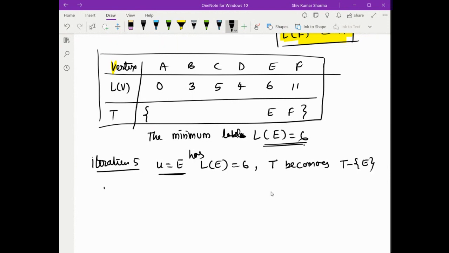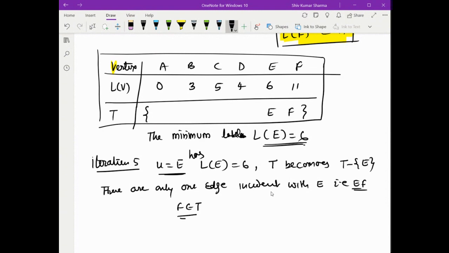That means there is only one edge remaining incident with E, that is EF.